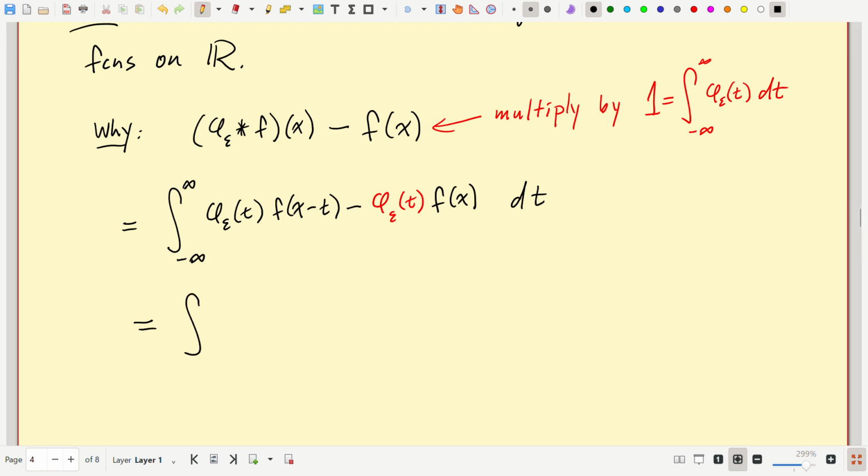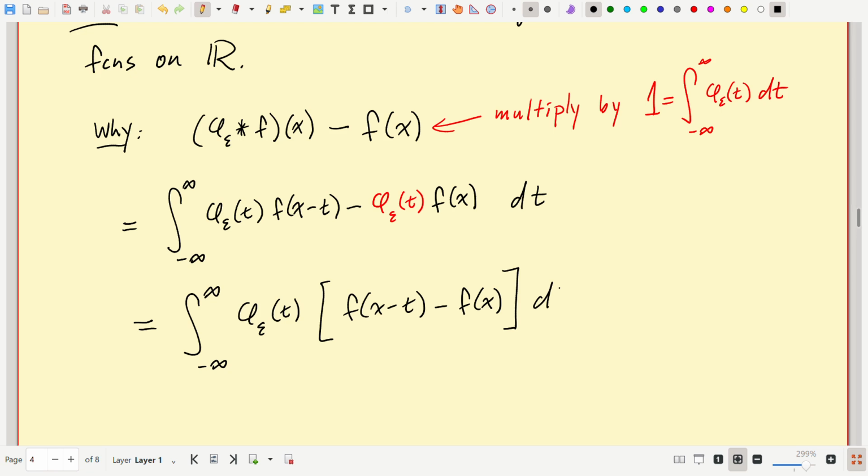This is the integral from minus infinity to infinity of phi epsilon of t times something that I'm thinking is small, at least near x. So in fact, that's small for small t, because of continuity.